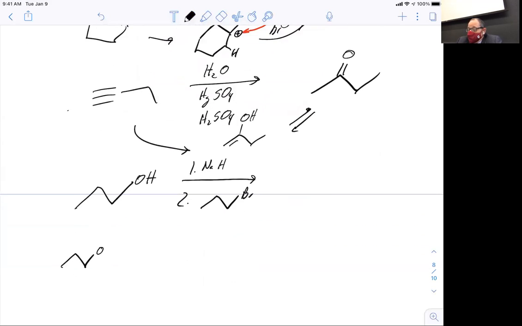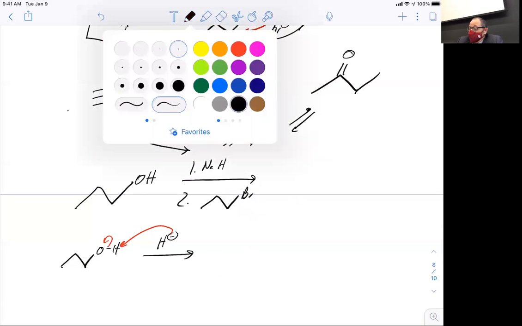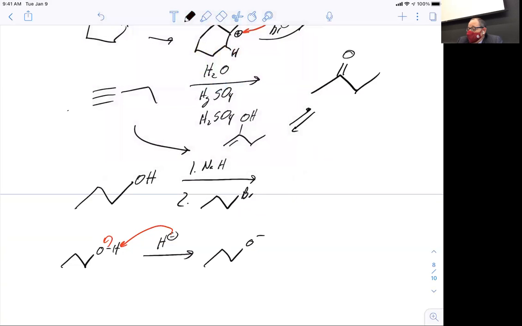And the last one, we get abstraction of the proton, forming the alkoxide. Then the alkoxide reacts with the electrophilic carbon. Okay, so nucleophile attacks electrophile.